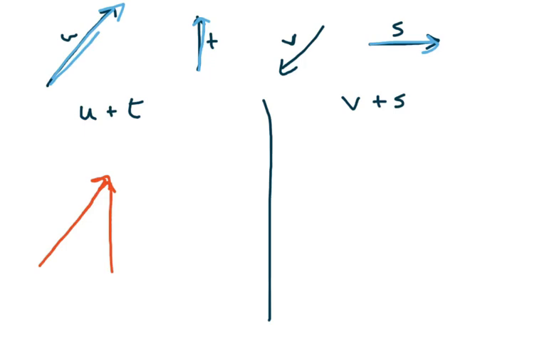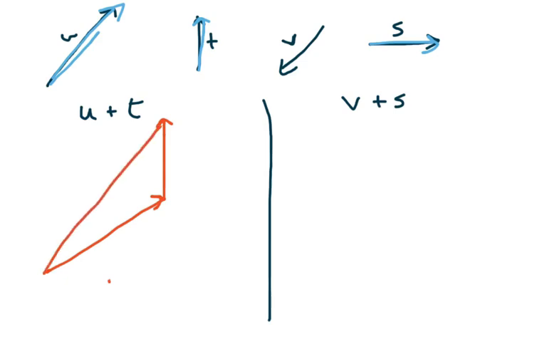U plus T. So here's my U. From my U, I draw my T. You have to draw tail to tip, so draw straight up. The resultant vector is drawn from tail to tip. Just always remember, draw tail to tip. We draw this way, and this is our U plus T right here.